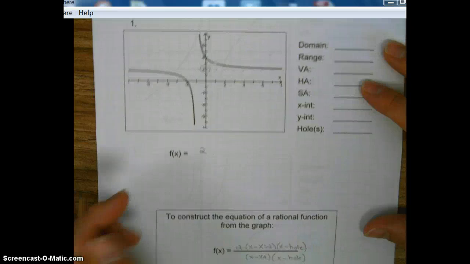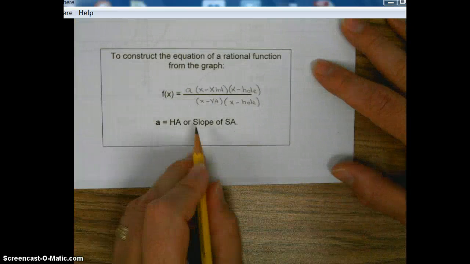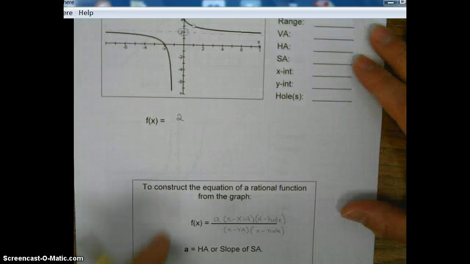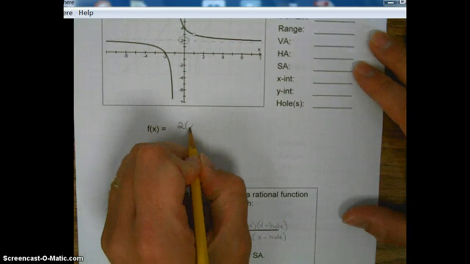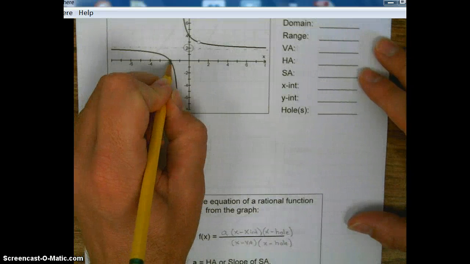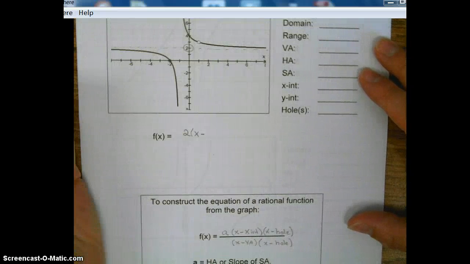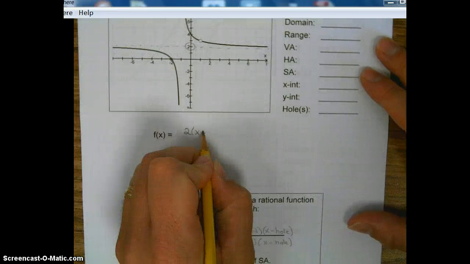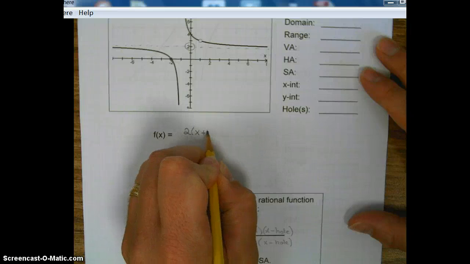Next, x minus our x-intercept. Looking back at our graph, our x-intercept is right here, where it crosses the x-axis. So it's going to be x minus -2, or x plus 2.